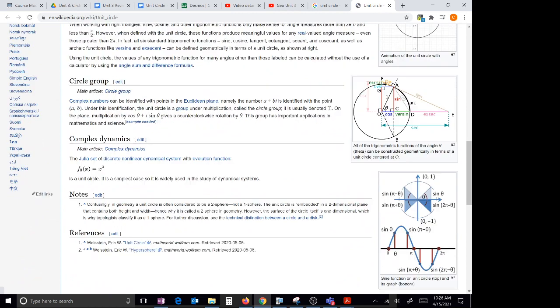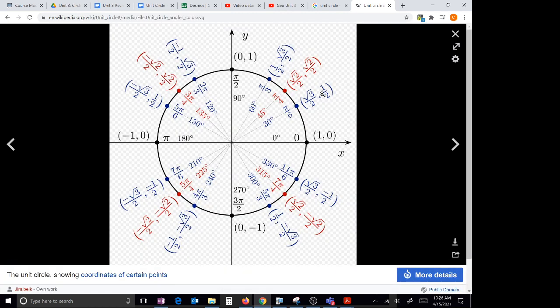Oh man, you got a complicated version. Anyway, there you go. So you have the full unit circle here if you just do a Google search.